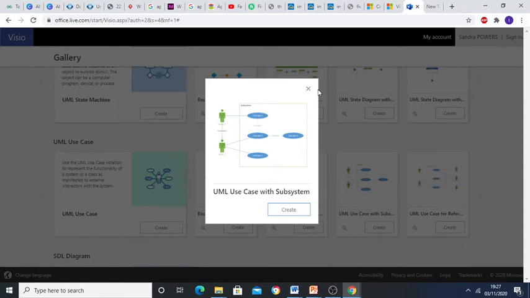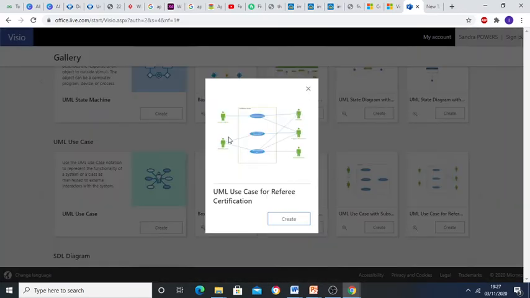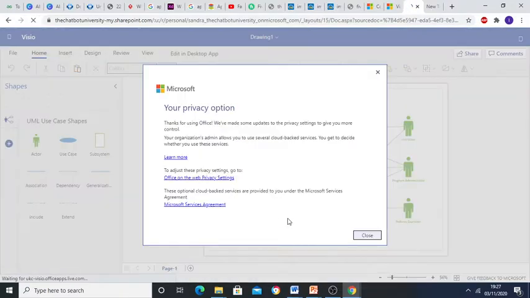The ones on the right tend to be the systems that you need to be able to realize the use cases. So this is not optimal. It's good, but it's not optimal for me. I want to represent my system like this with my primary actors and secondary actors. So I'm going to go ahead and choose this. I've pressed create, and now we're going to create the use case diagram for natural language processing.